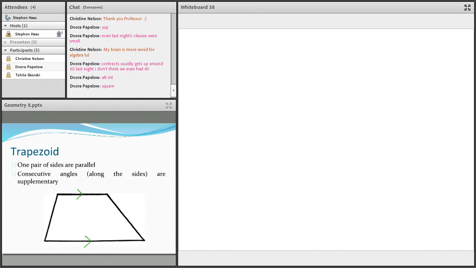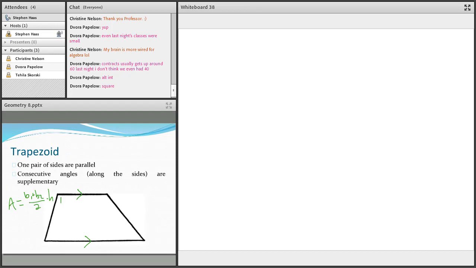What are the rules of a trapezoid? Well, besides the fact that one pair of sides is parallel, and as we learned before, if you want the area of a trapezoid, you have to do the average base times the height, you know, base 1 plus base 2 divided by 2, which is the average base, times the height. That would be the area of a trapezoid. But in a trapezoid, consecutive angles are supplementary.